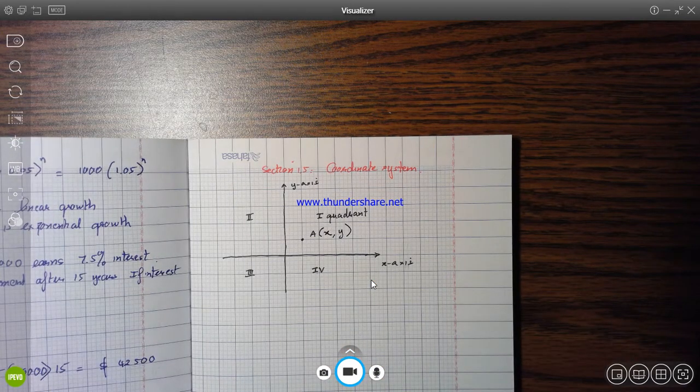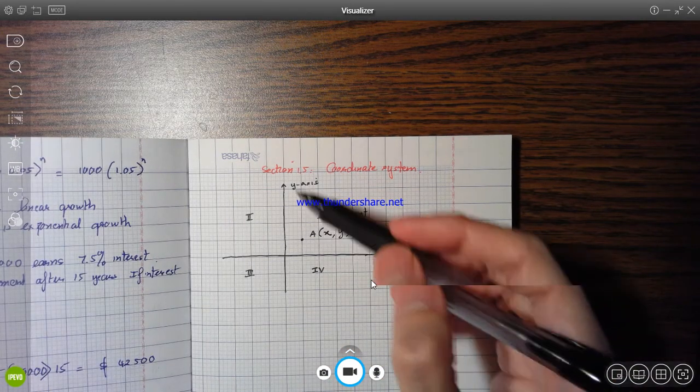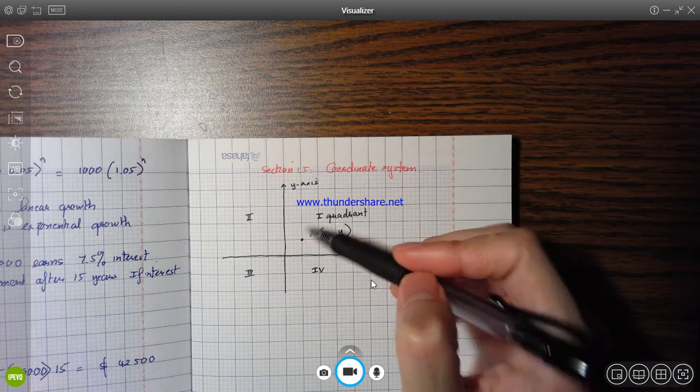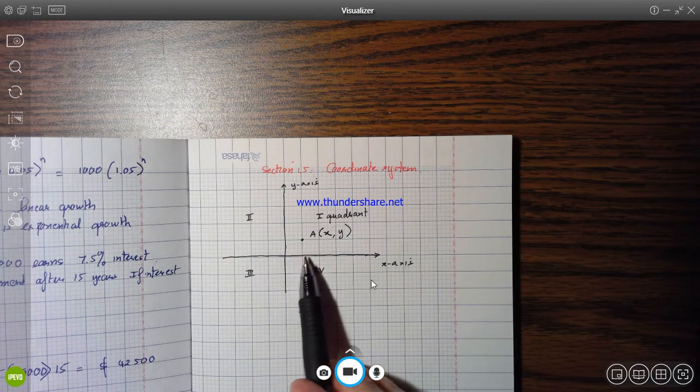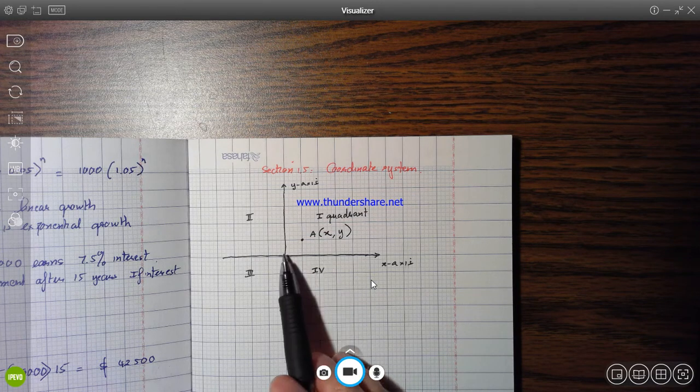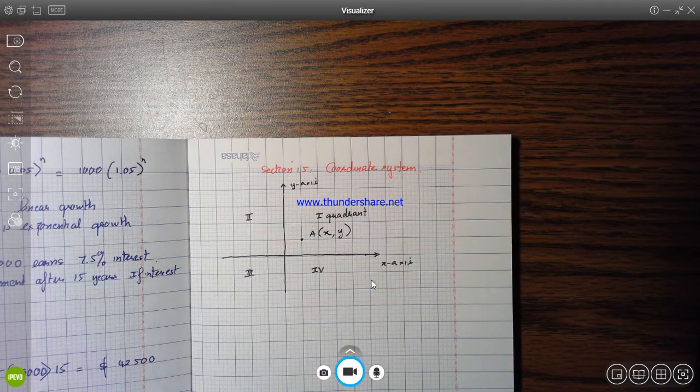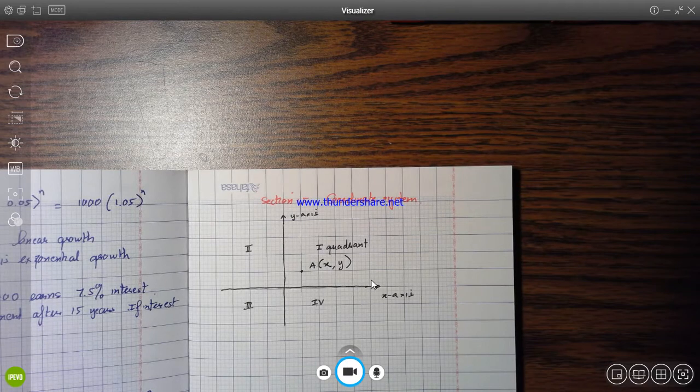The x component corresponds to a value on the x-axis, and the y component corresponds to a value on the y-axis. I can graph or locate any point on the coordinate system as long as I know the x component and the y component of that point.